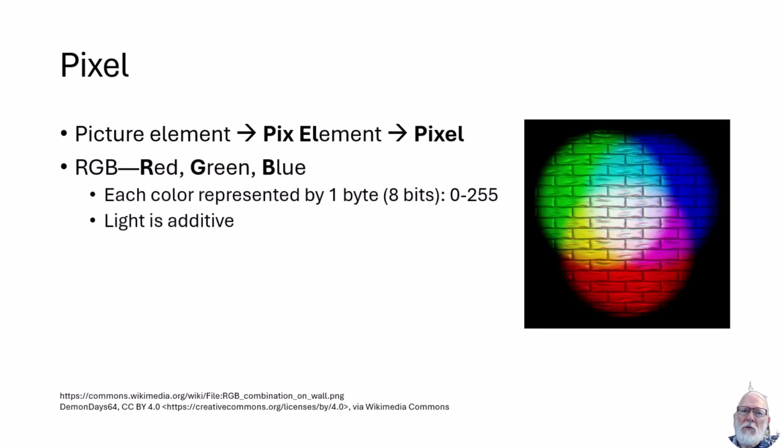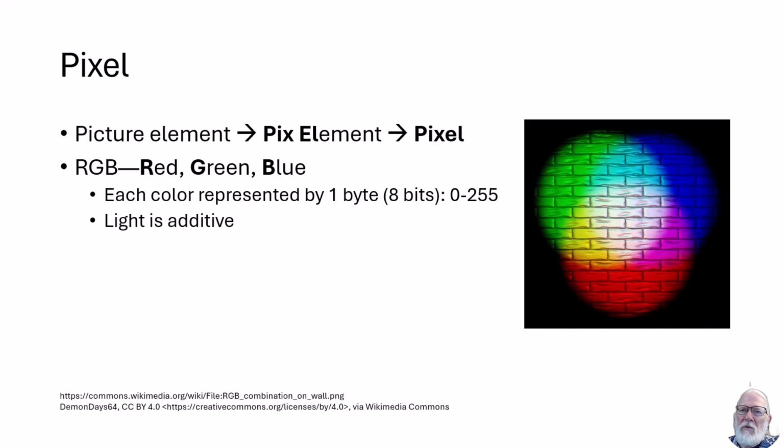Each individual pixel has a red, green, and blue value, and it's the combination of those three colors and how much of each color that will determine the color that we see. Each of those components, the red component, the green component, the blue component, numerically has a value that ranges from 0 to 255.